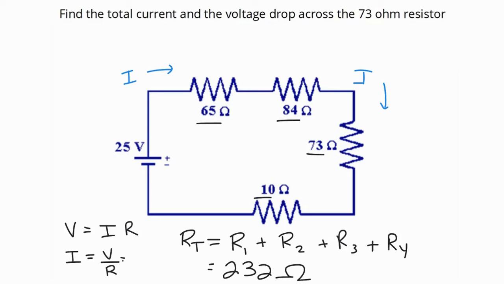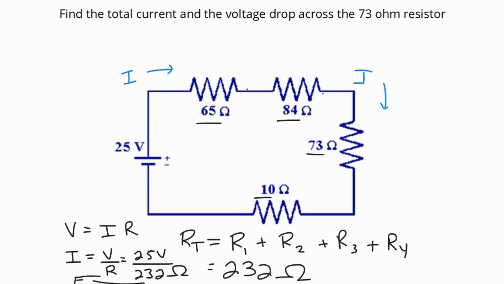So my voltage is 25 volts divided by my resistance of 232 ohms, and I get a current of 0.108 amps. So my total current for this entire circuit is 0.108 amps, and that will be the same across all of these resistors.